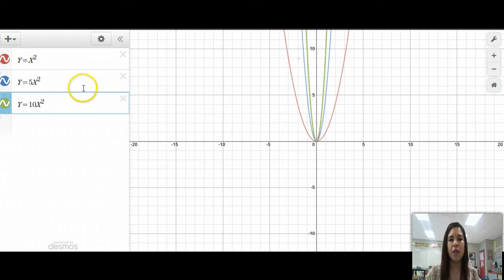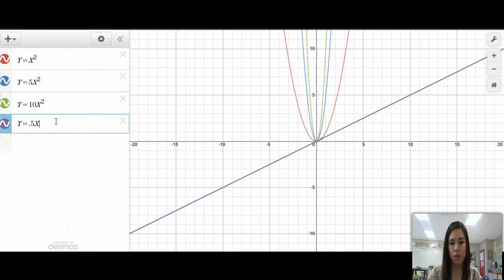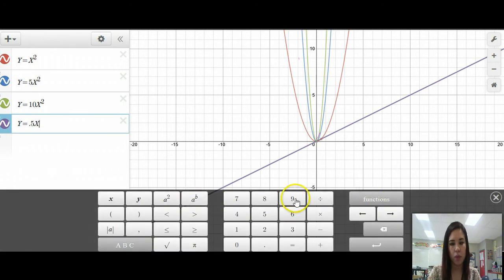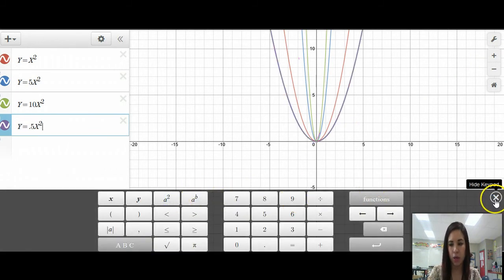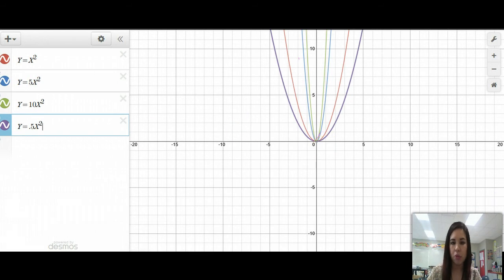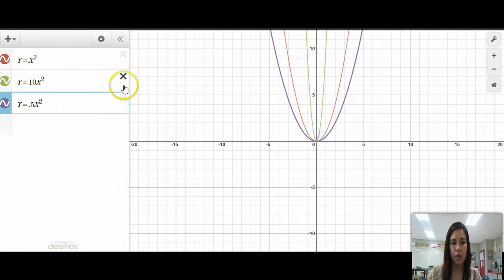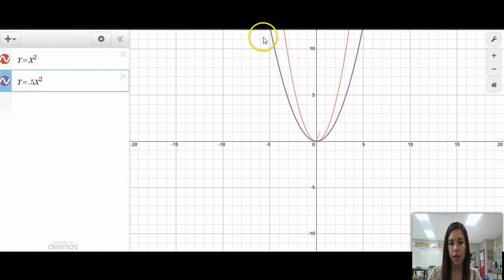Well, what happens if I make it a fraction? What if I put y equals 0.5 x squared? Now I'm drawing it in purple. Let me go ahead and erase this. It went from the red to the purple. I made it a fraction, so it was like this, and it kind of spread out. So those are some observations.